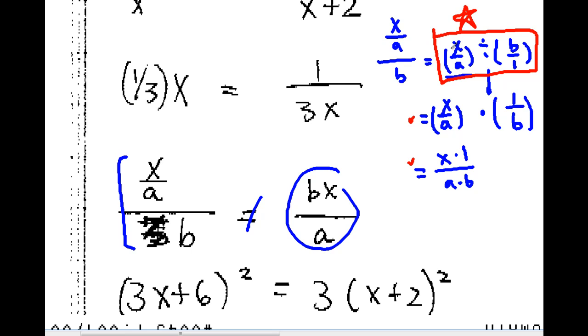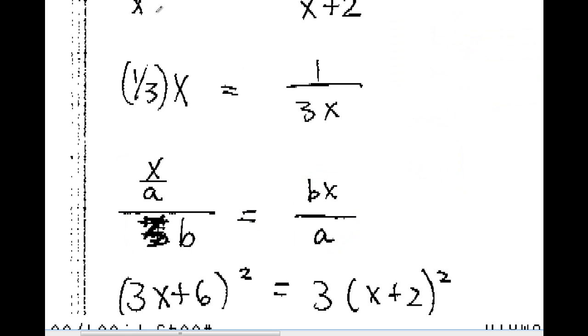All right. Okay, let's go on to the next one. Let's clean this one up a little bit. So this one is a really, really typical one. Logically, you think that makes sense, right? You have 3x plus 6 with a square. Well, you're tempted to distribute it in there, as if it's a distribution.